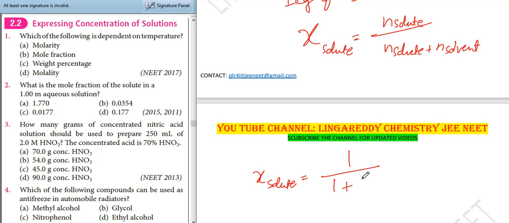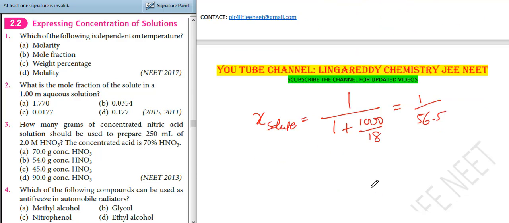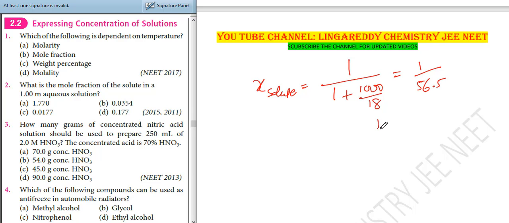1 kilogram of water means mass by molar mass, 1000 upon 18, that means 1 by 56.5, because 1000 by 18 equals 55.5. You can do the calculation.